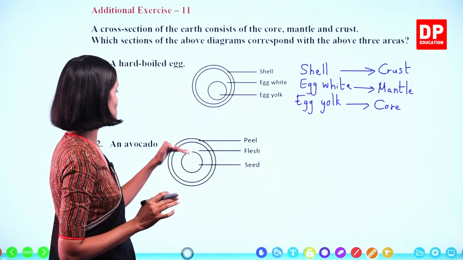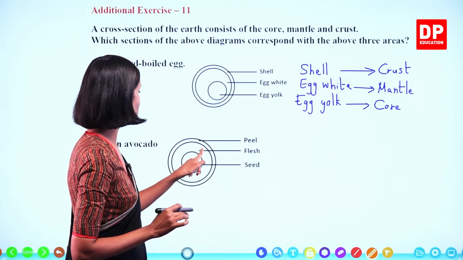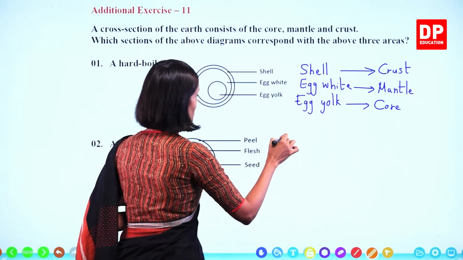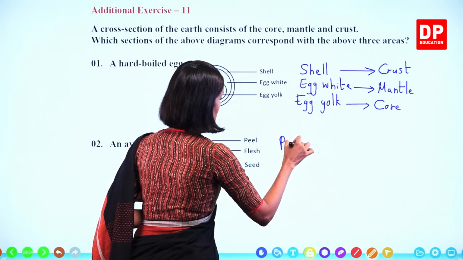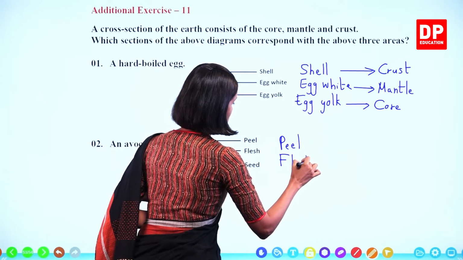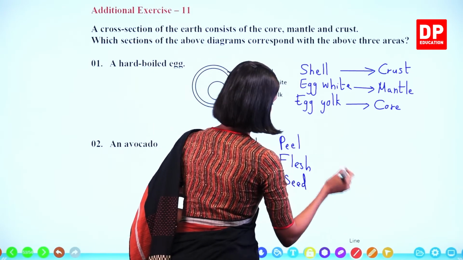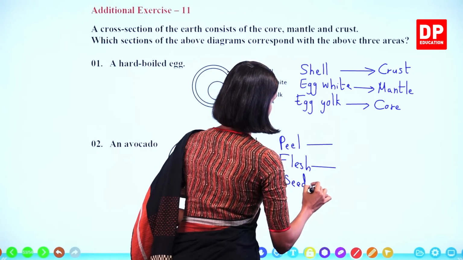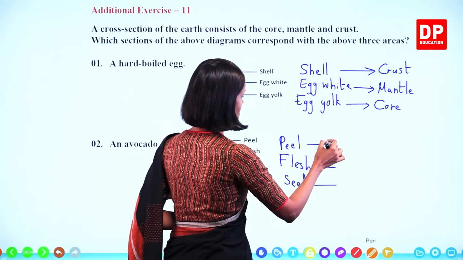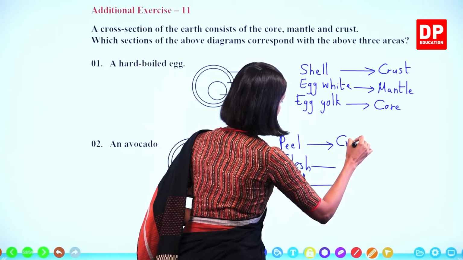Right? The same way, when you consider the avocado, the peel, flesh and seed. Peel is the outermost layer. Peel is the crust.